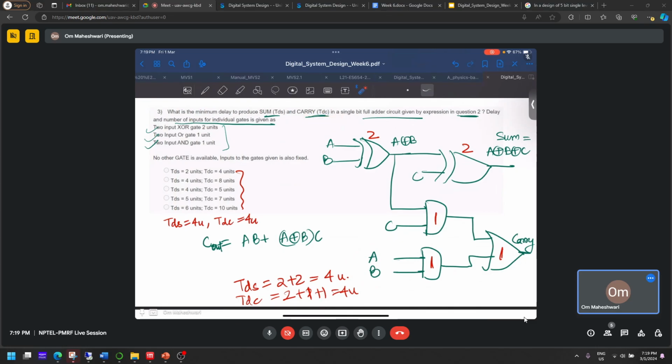By the time A, B, and C are available to you from the starting, this is happening in parallel in a separate gate. It does not depend on anything coming from behind. This depends on the output of this. That's why we added 2 plus 1 here, right? But this does not depend on any previous gate. Okay, okay.